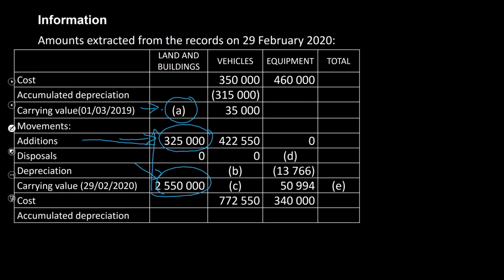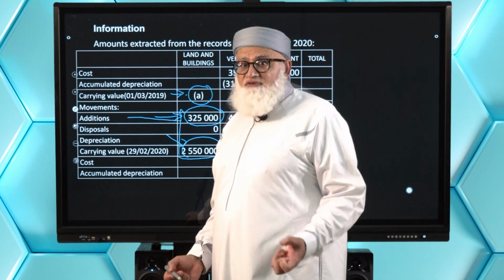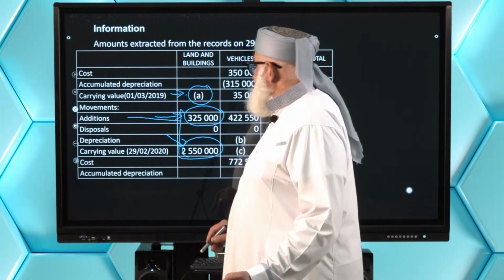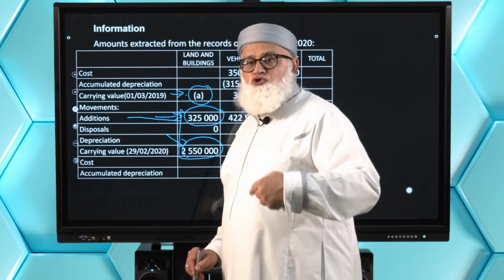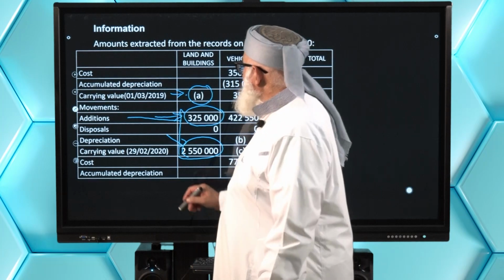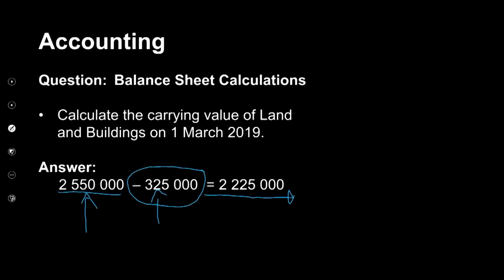So it would be your opening balance plus your additions to give you your closing balance. But if you don't have your opening balance, but you have your closing balance, as is the case in this question here, you reverse, you subtract to find out your opening balance. And here you can see my opening balance is therefore 2,225,000 Rand. Got it? Brilliant. Let's move on.